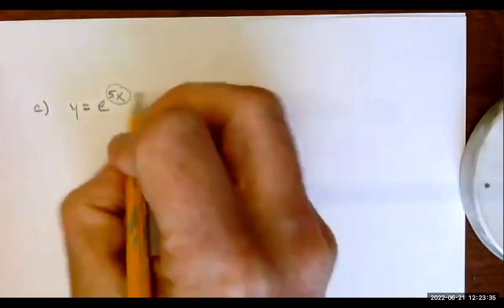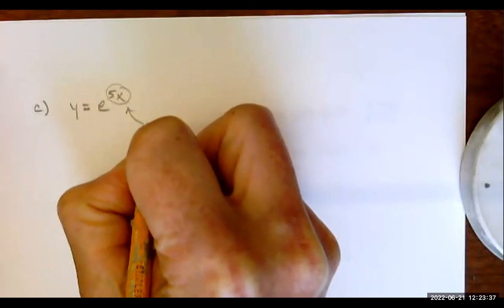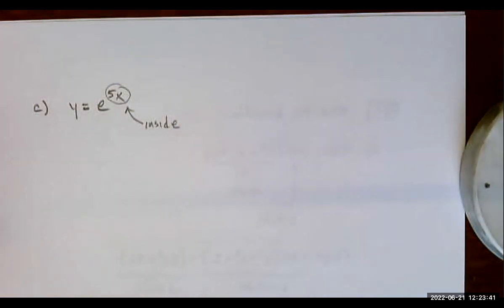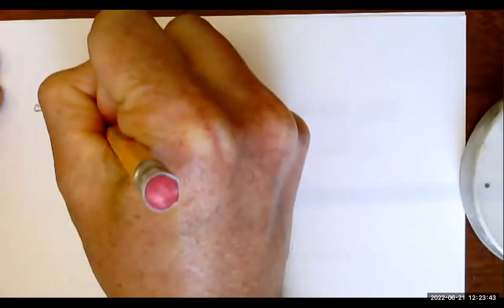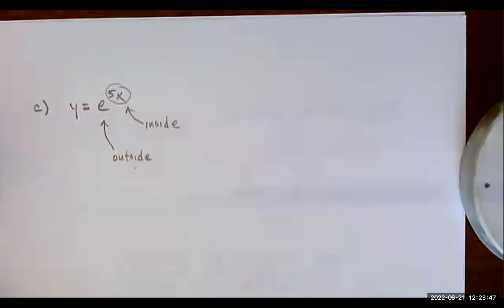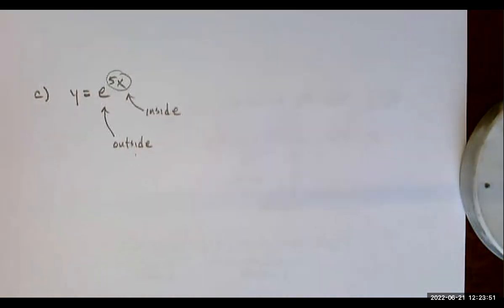The inside here is the 5x. Why is that? Because that is in the exponent of e. The e is the outside. The 5x is inside the exponent.